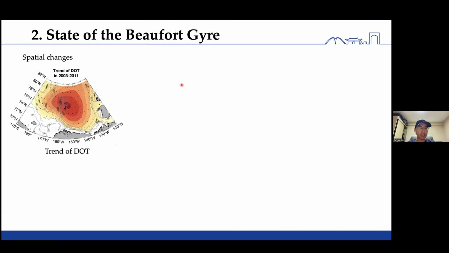And what does the spatial change look like? We constructed the map of the trend of DOT in the earlier period from 2003 to 2011. You can see positive values, which means an increasing trend throughout the domain, and particularly the maximum is located in the northwest of the Canada Basin.